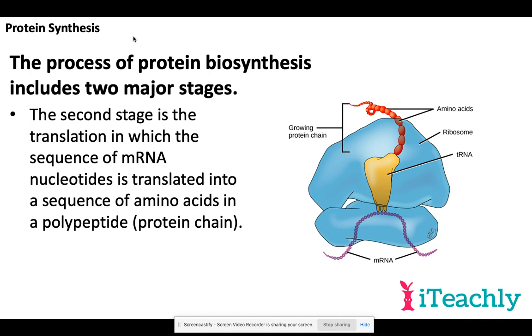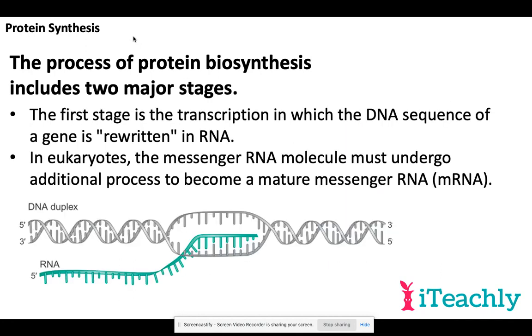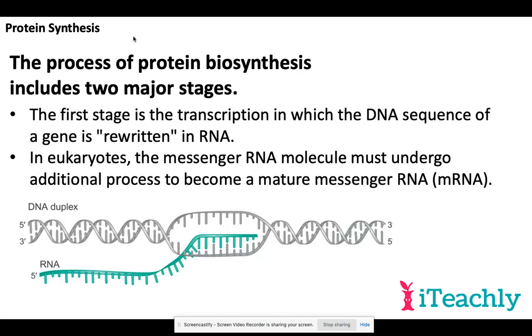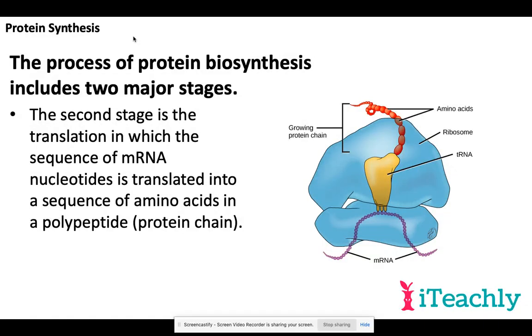That's the second stage. So the first stage right here, this is transcription, the writing, and then the coding, that's the second stage. This is the translation. This is when we're actually reading the secret message. So copying the message, decoding the message.